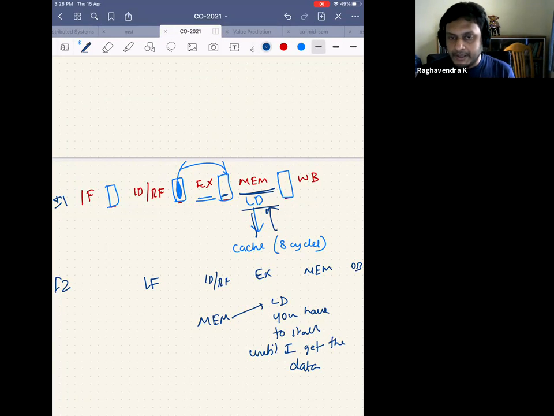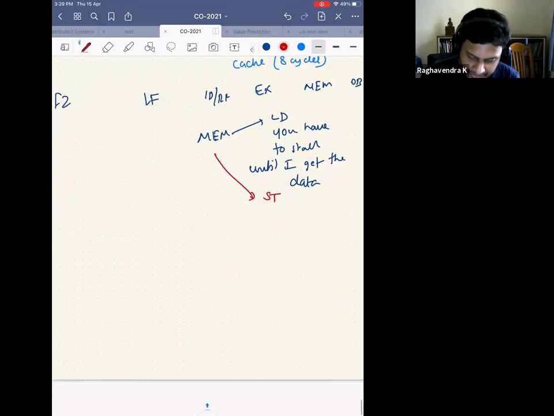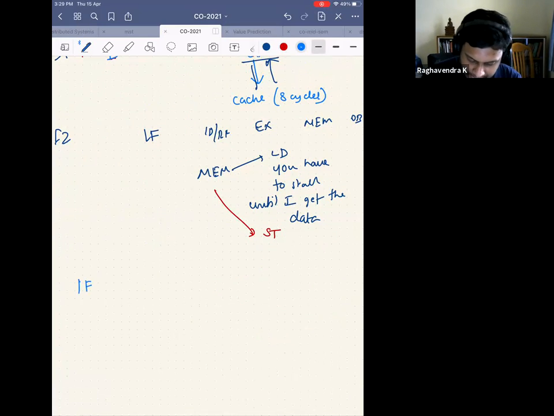Now the question was, if the memory had a store instruction instead of a load. It is the same instruction I1: instruction fetch, instruction decode, register fetch, execute, memory, and write back. But now instead of a load, I have a store.